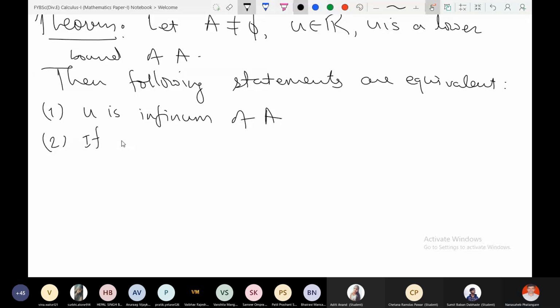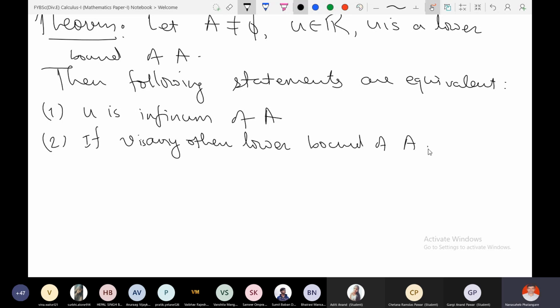Sir, if V is any other lower bound of A, then V is less than or equal to U. Since I am saying that U is the infimum, the greatest lower bound, if V is any other lower bound, then U is greatest. That means V is less than or equal to U, right?